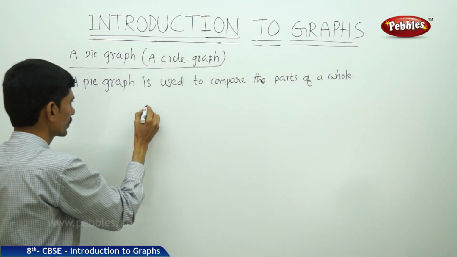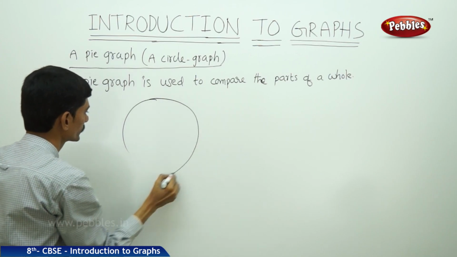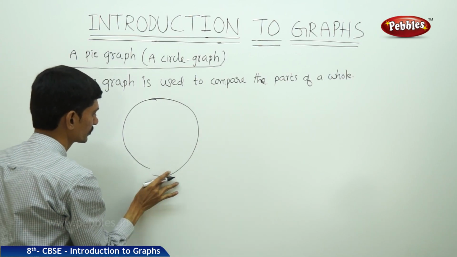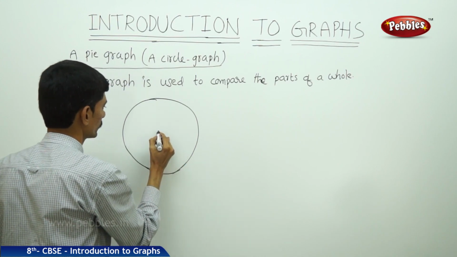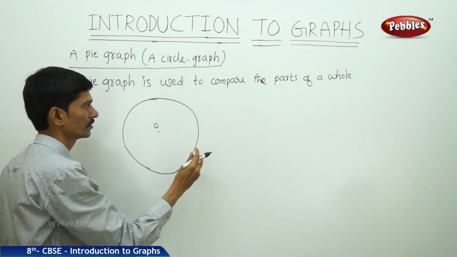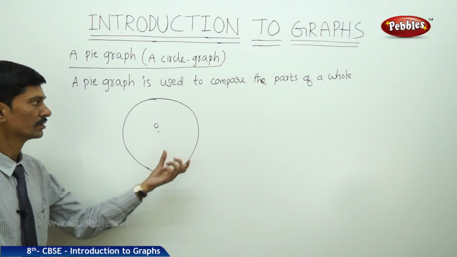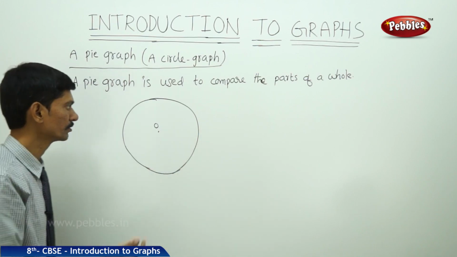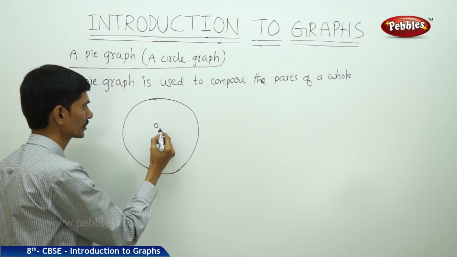Here a circle is taken and it will be divided into some sectors to show the parts of the whole circle. Whereas in the bar graph we represent each category in the form of a rectangle, here we will represent each category in the form of a sector.